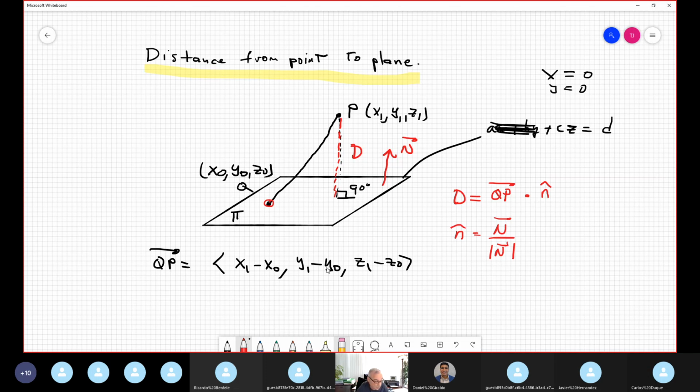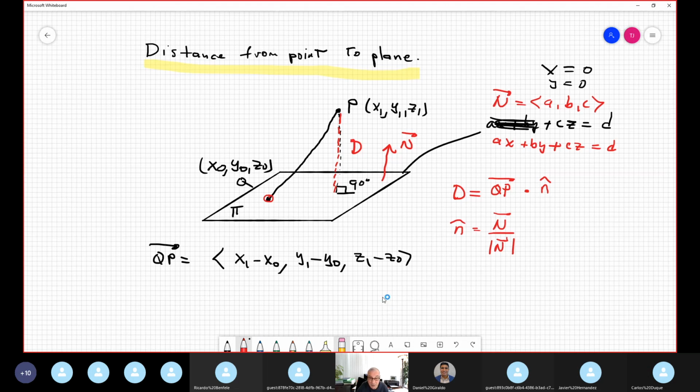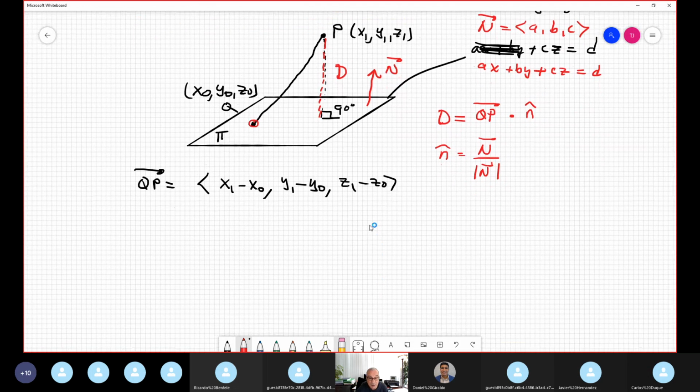So now, suppose the equation of this plane, remember, is ax plus by plus cz equal d. Therefore, the normal vector, not the unit normal but the regular normal, is a, b, c. Now, what's the formula?